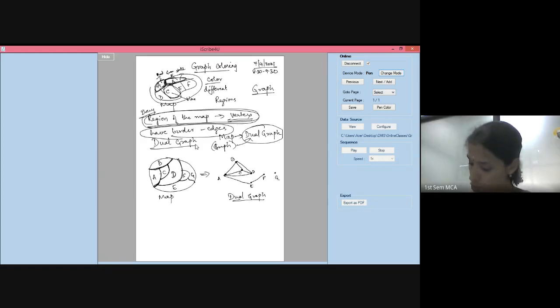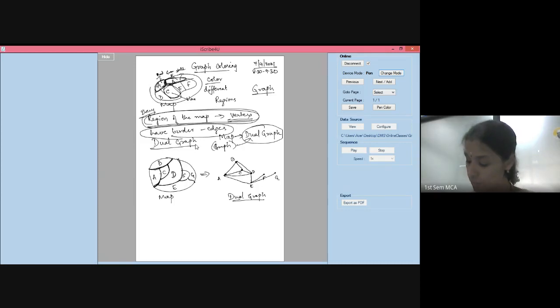Yes, so I'll connect this also. Then it shares border with G, so I'll connect that also. Right. So wherever your region E is going to share the border with, you are going to connect all those with edges.